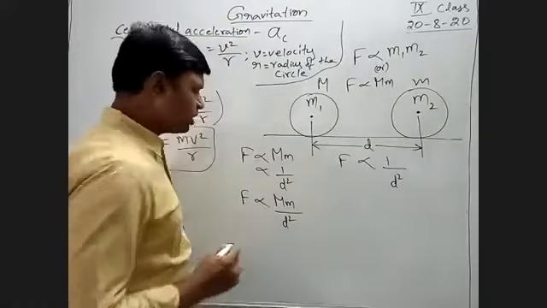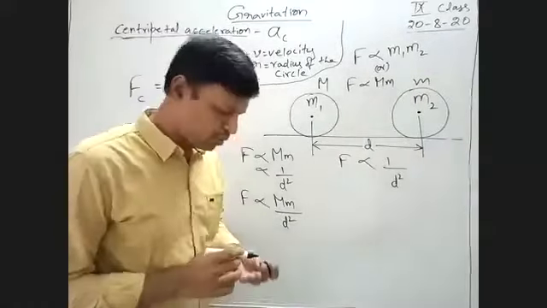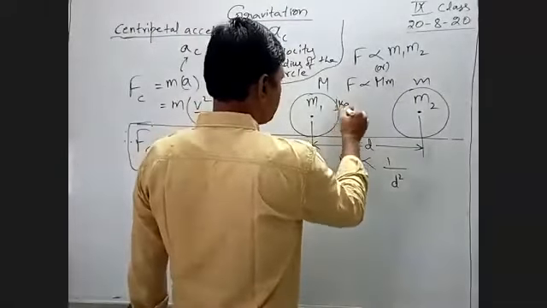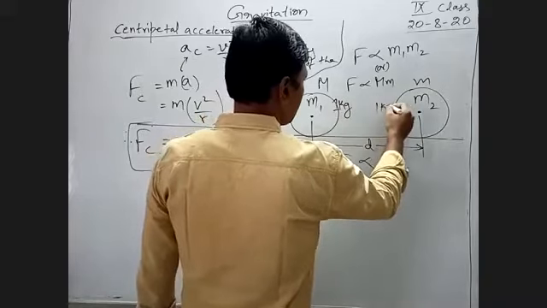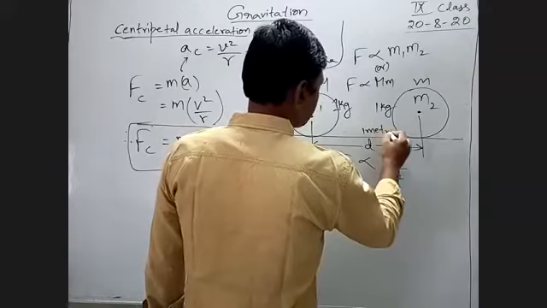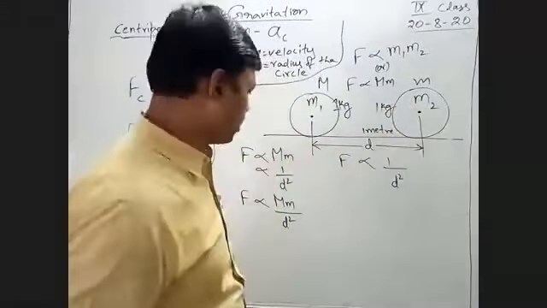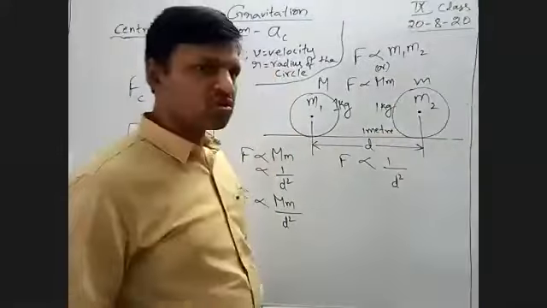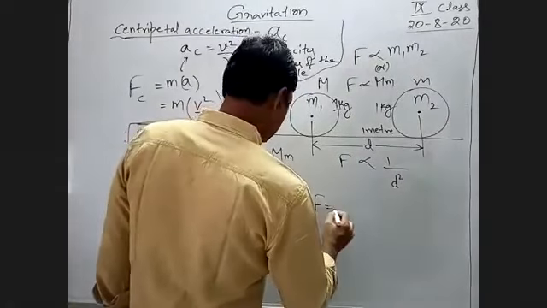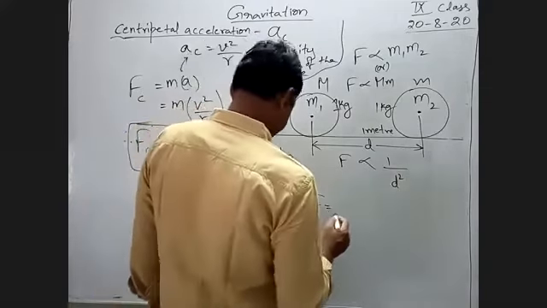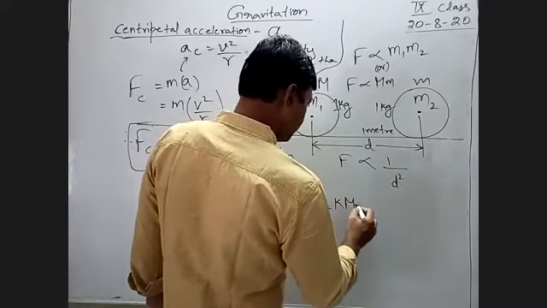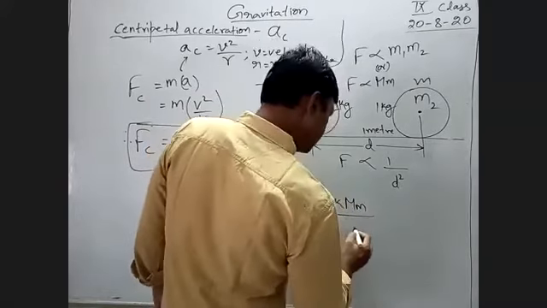To remove this proportionality constant, imagine this is a 1 kg object, this is also 1 kg, and the distance between them is 1 meter. Then the force acting on them is F equal to k m into m by d square.